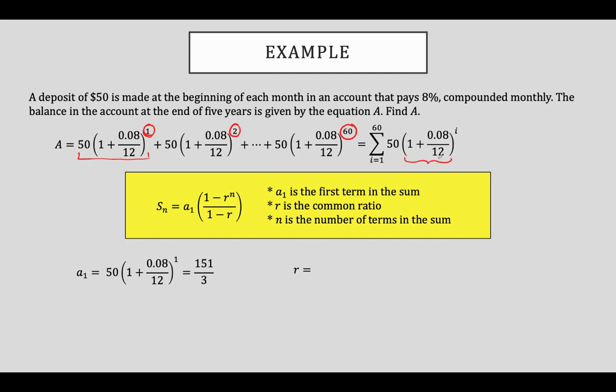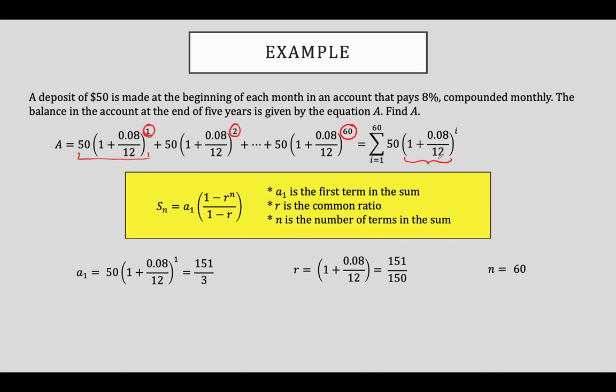Well, in this case, 1 plus 0.08 divided by 12. And we can plug that into our calculator and actually get a little bit nicer fraction to work with, 151 divided by 50. And finally, we need to know n, the number of terms in the sum. How many values are we adding together? In this case, we are adding 60 terms together.